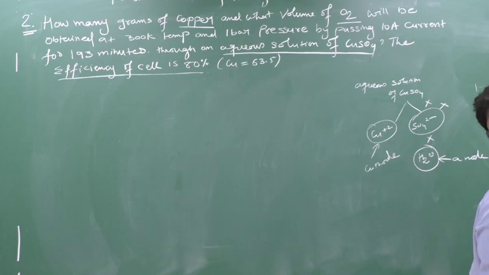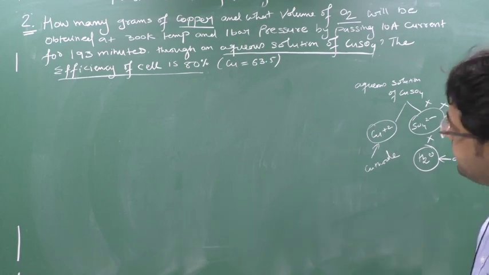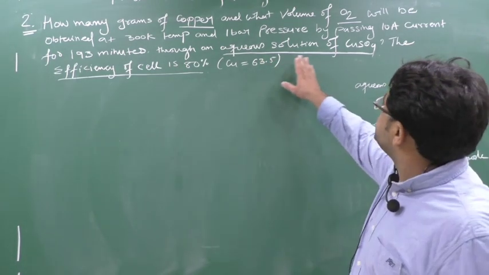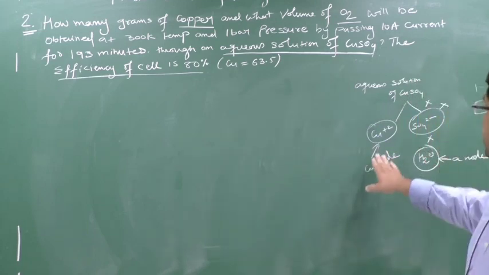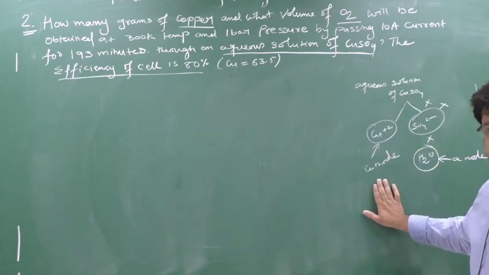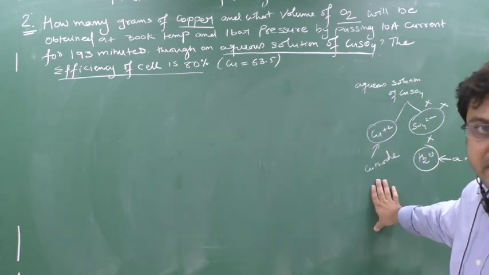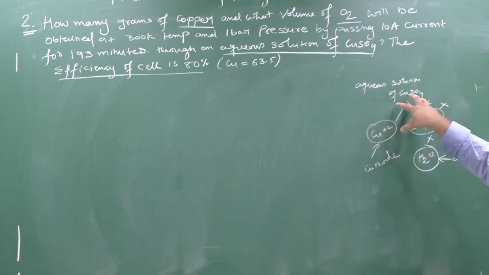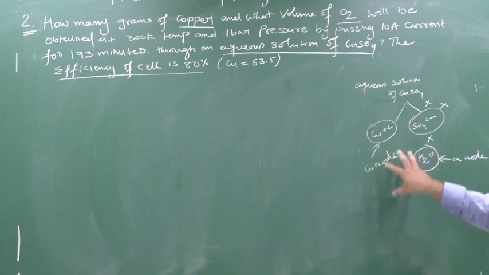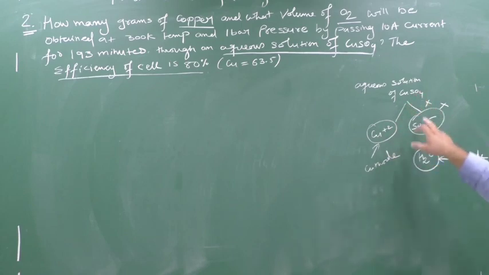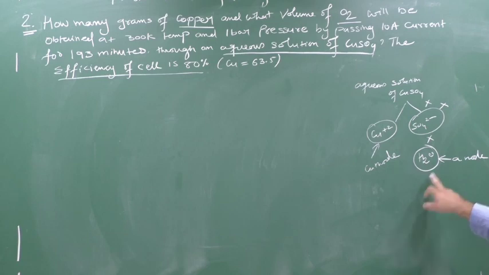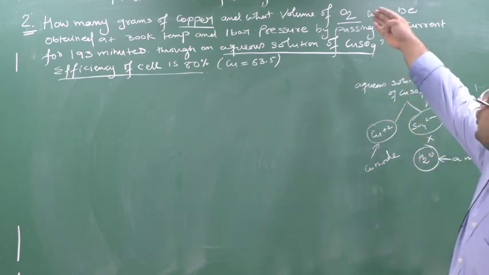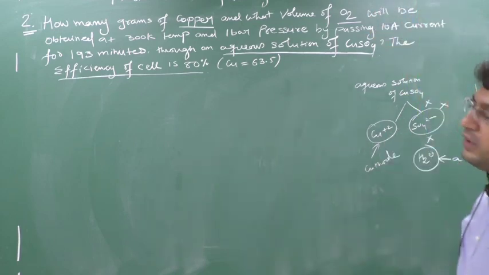I will explain in detail after this topic, in the next lecture, but for now please remember that for an aqueous solution of CuSO4, Cu2+ will go to the cathode, and at the anode SO4 2- will not go. H2O will go to the anode, it will undergo oxidation and liberate O2, and from that we have to calculate O2.